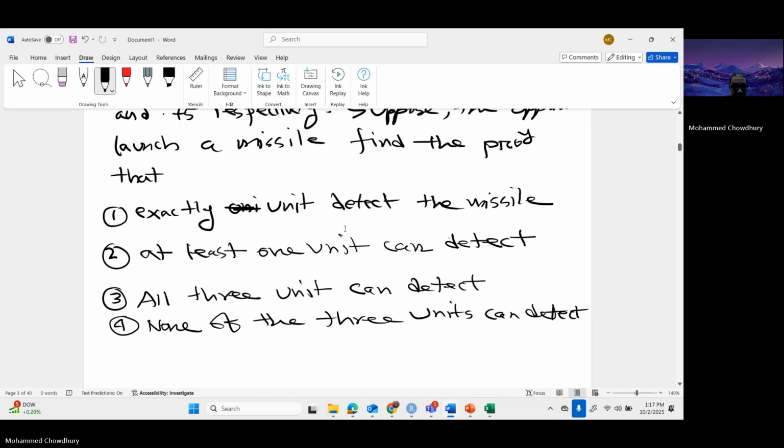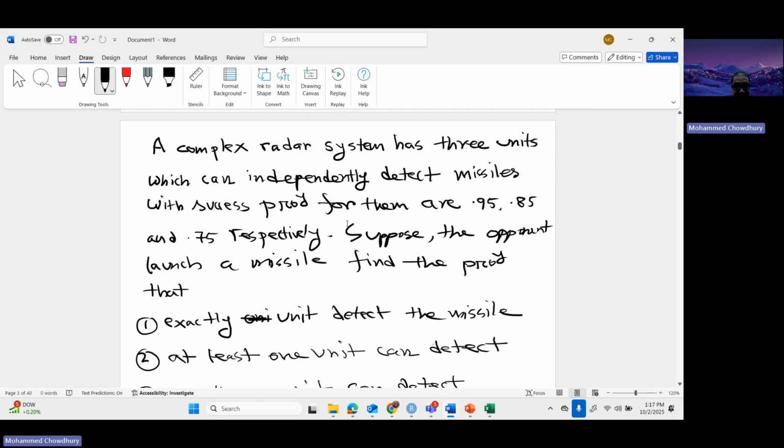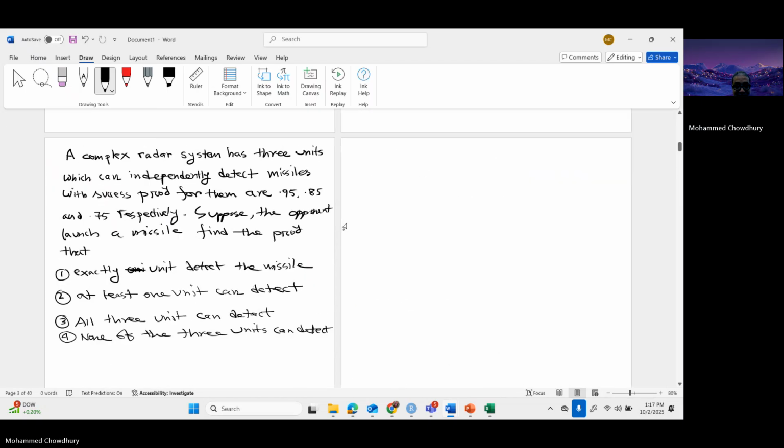Sure. And sorry for my very bad handwriting. For some reason, handwriting is not good in this pad.